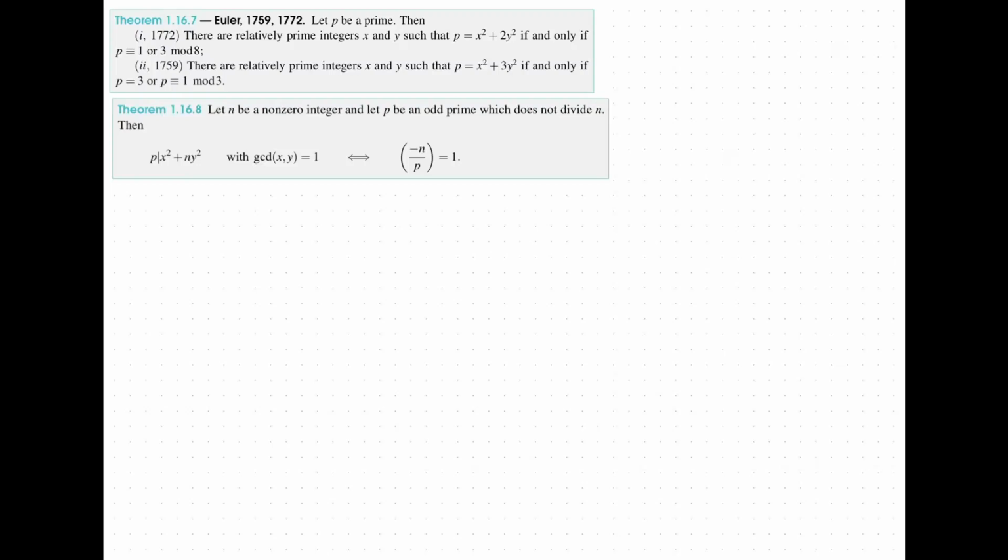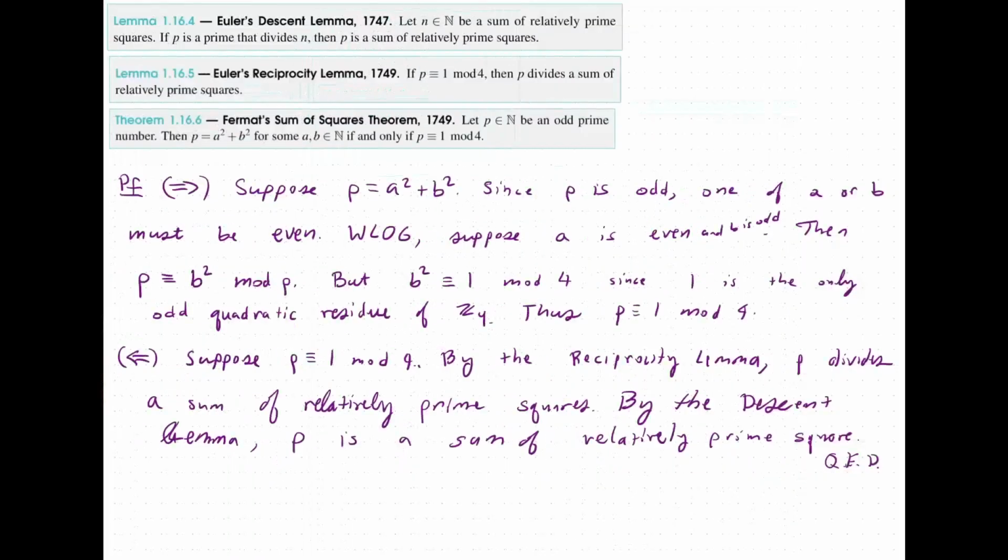It would take Euler 10 years after his proof of the sum of squares theorem to do the case when p is equal to x squared plus 3y squared. And one of the final projects, if you're interested, will have you go through the argument that Euler did. It really boils down, for both of these two results, to a process similar to this one. There's going to be a descent lemma and a reciprocity lemma.